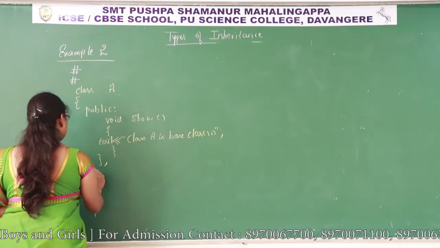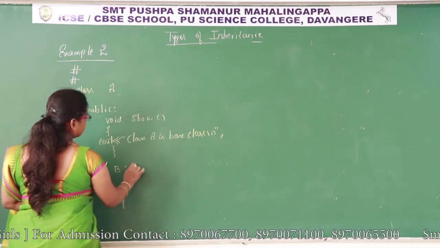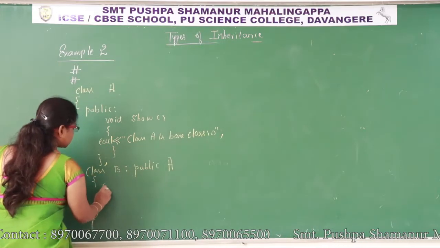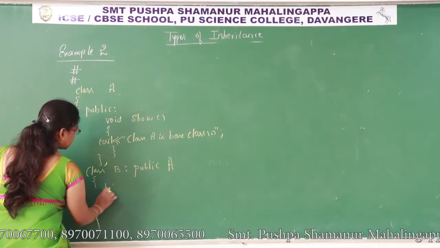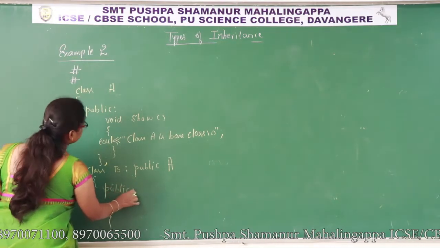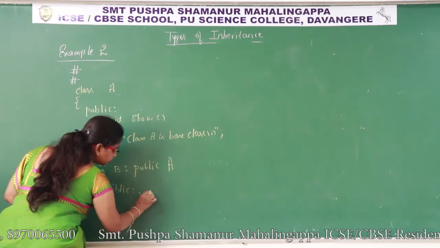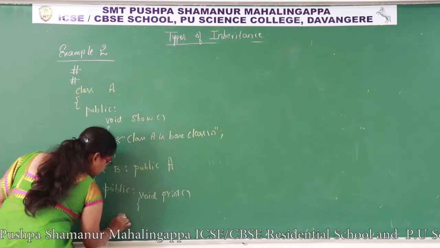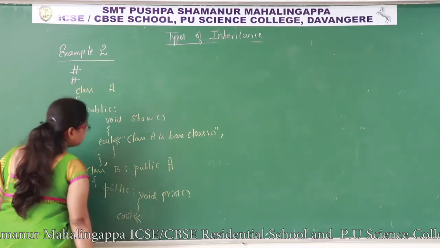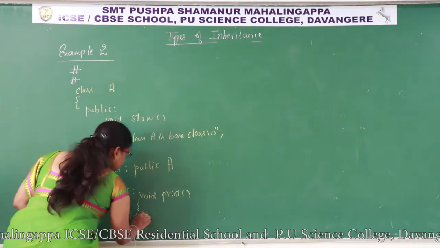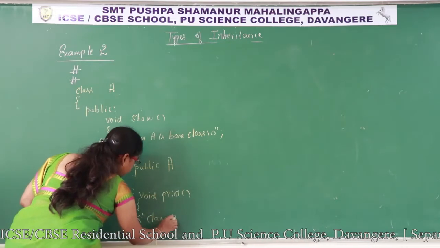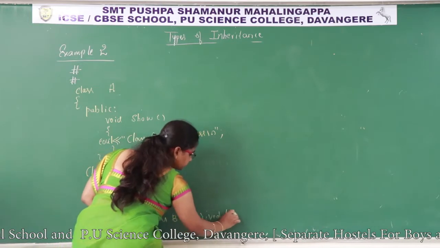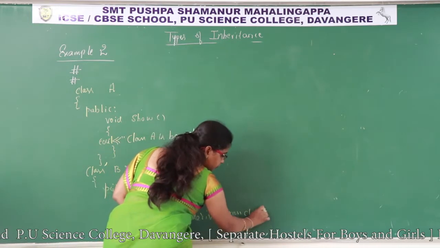Now, class B colon public A, in the public section, void print, cout insertion. Class B is derived from class A.